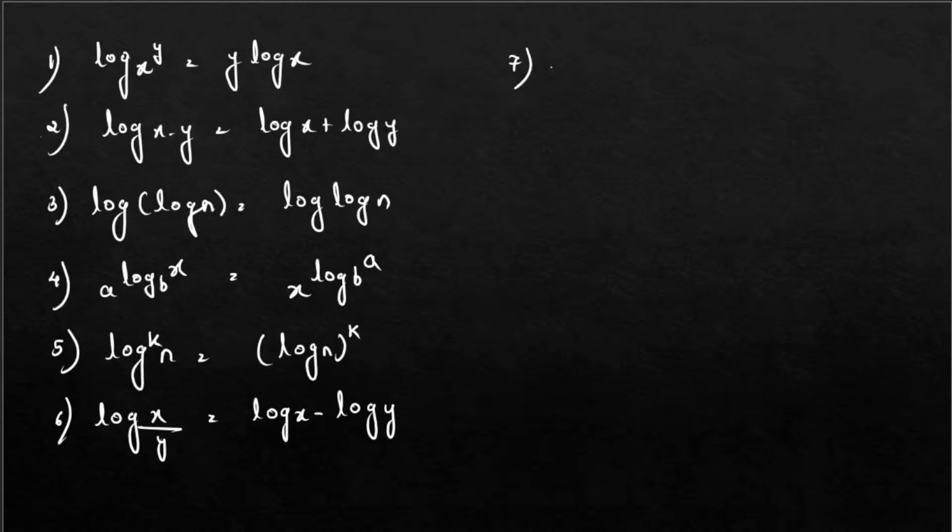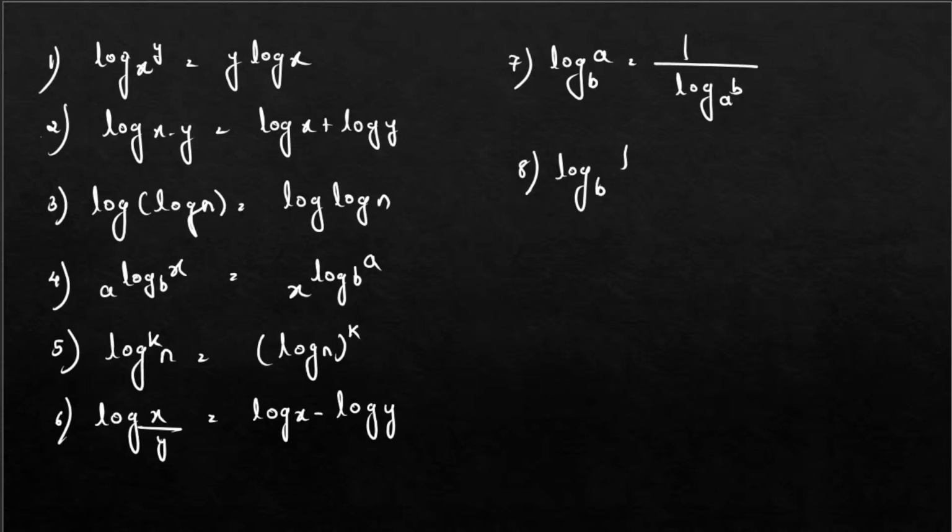Seventh, log base b of a can be written as 1 upon log base a of b. Eighth, log base b of 1 by a can be written as minus log base b of a. So these are all the properties.